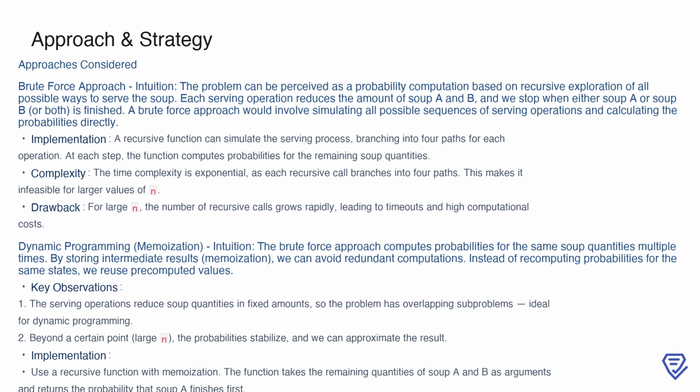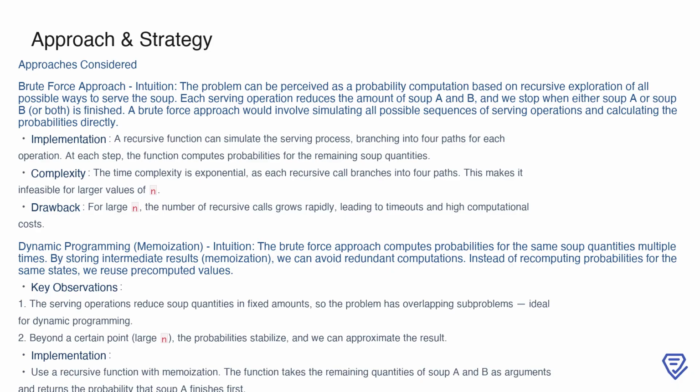At every step, the function calculates the probabilities based on the remaining quantities of the two soups. However, this approach comes with a significant drawback: the number of recursive calls grows exponentially as each call branches into four new paths. For large values of n, this results in excessive computational costs and timeouts, making the brute force method infeasible.